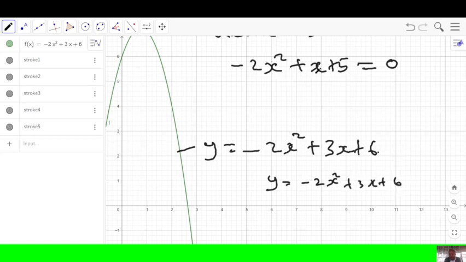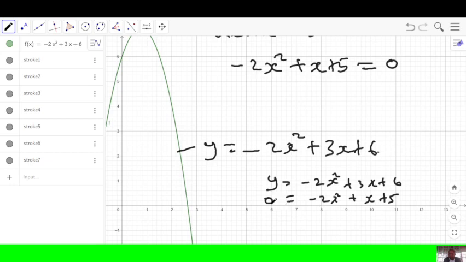Now, the equation that we've been asked to solve, negative 2x squared plus x plus 5 equals 0, we can rearrange by saying that 0 equals negative 2x squared plus x plus 5. There is no difference.